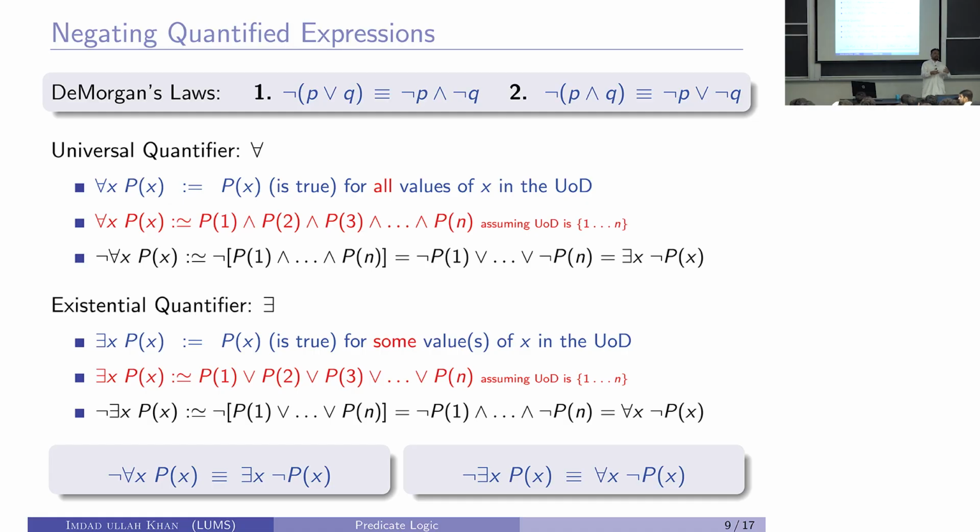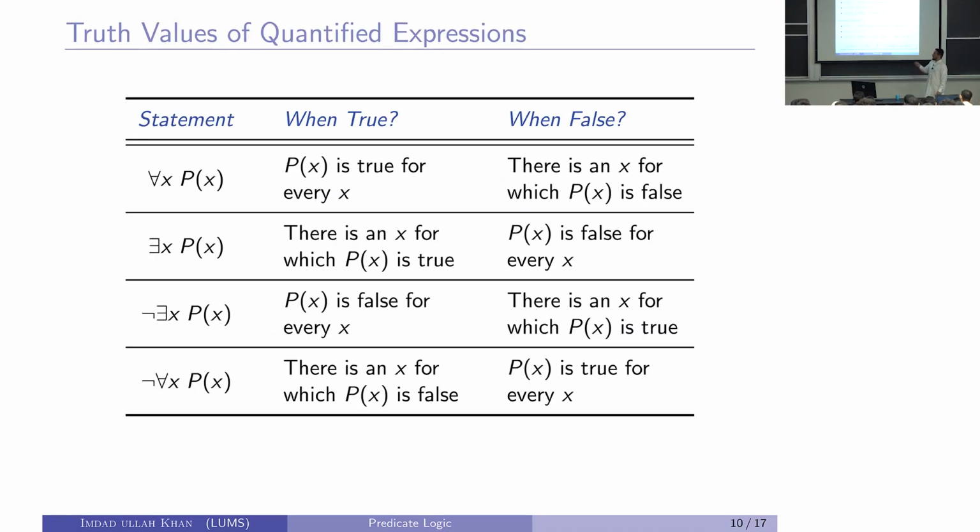That's exactly what's happening, and that's why I told you the universal quantifier is like the and over the entire universe of discourse. So its negation would be the or of the negation of individual propositions. Nothing fancy here. This is a simple summary of how you find the truth value of quantifiers and their negation.